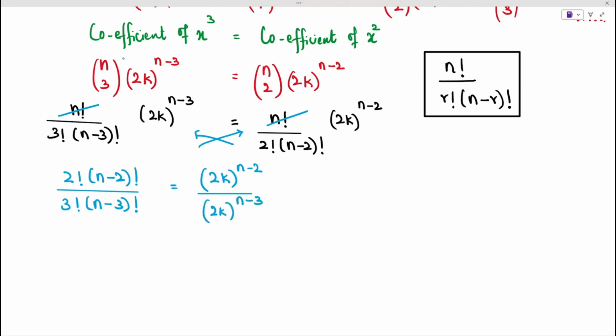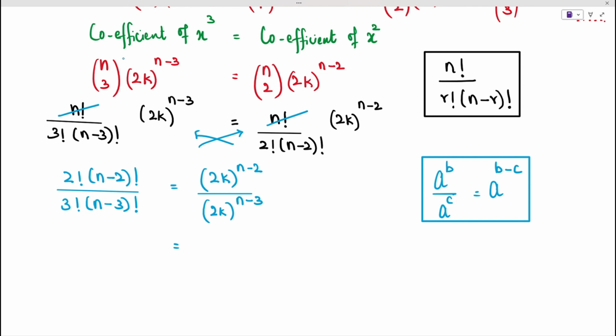So we're going to simplify the fraction on the right hand side. We know that when we have powers of the same number, a to the power of b over a to the power of c, we can write a to the power of b minus c.